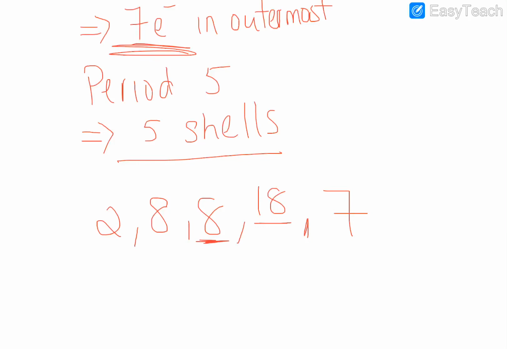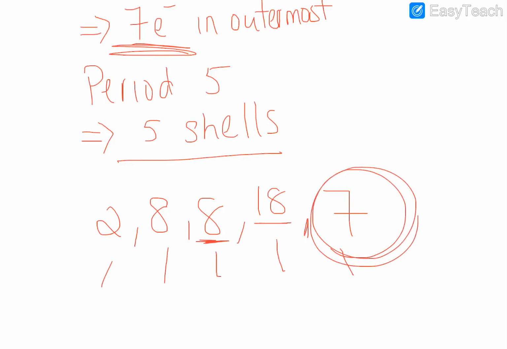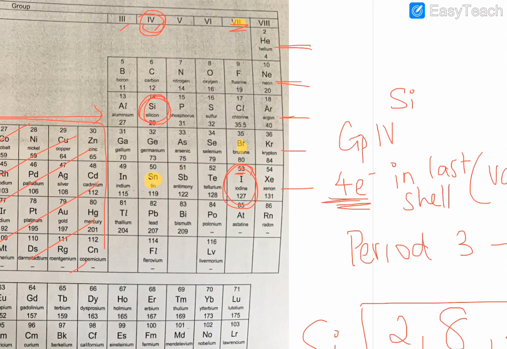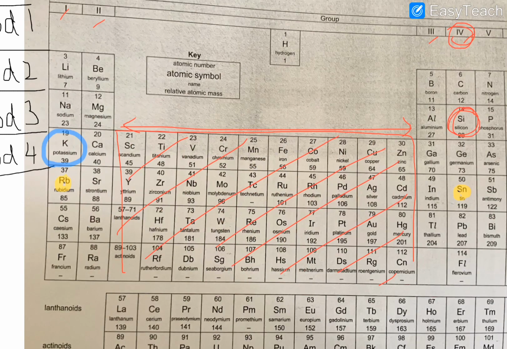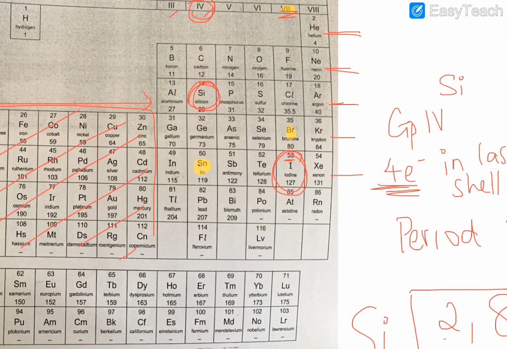What you can be assessed on is the number of shells filled in and the number of electrons in the outermost shell. That's it. You're not going to be assessed on how many electrons there should be inside. For elements above 20, anything above calcium, you don't actually need to know it.